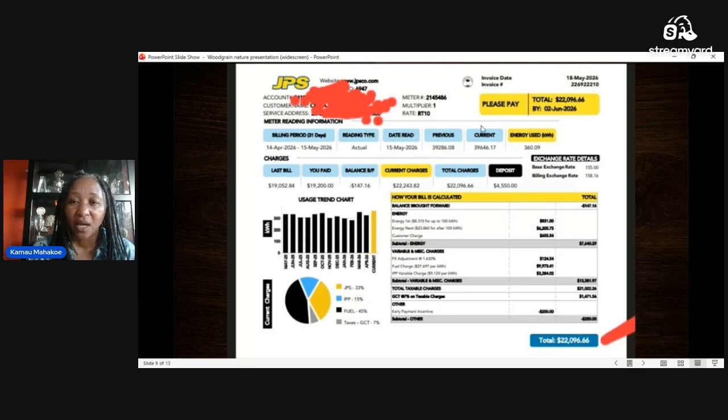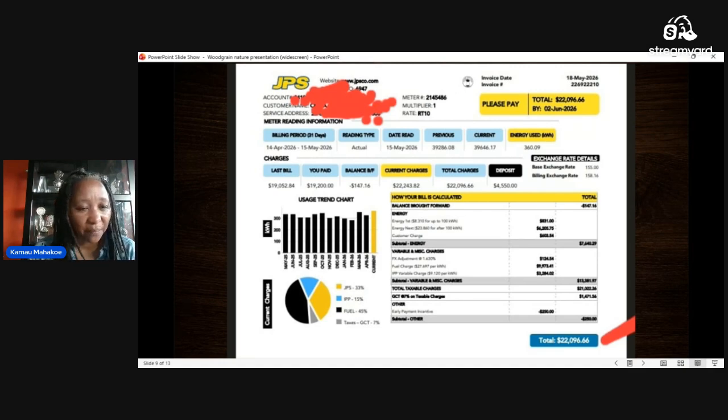All right. Now, if we go across, you see the invoice date. In this case, it is 18th of May, 2026. Now, that is the day that JPS made the bill. That's the day when the bill was generated, right? Now, you will see the meter number right here.